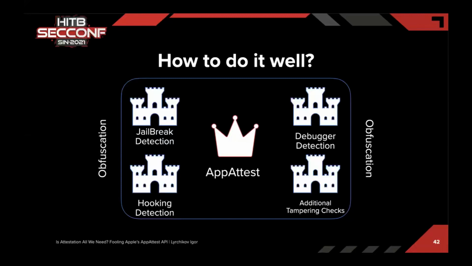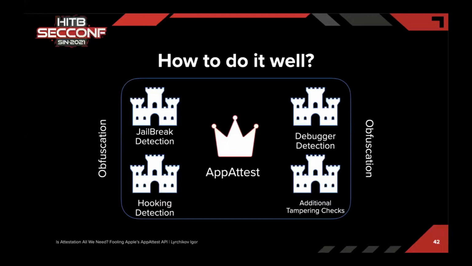But okay, then to fight runtime instrumentation and dynamic analysis, you need to implement your own hooking detection and debugger detection checks. And even though AppAttest is sort of an anti-tampering solution, you need to have client-side anti-tampering protections to make it harder to statically patch your app and resign it.